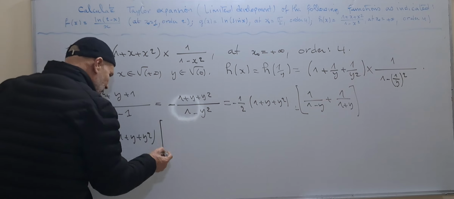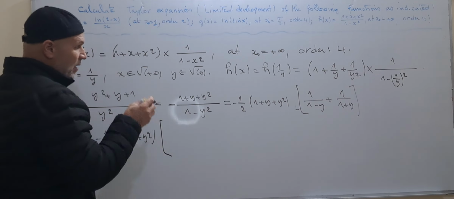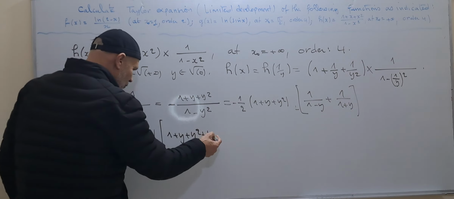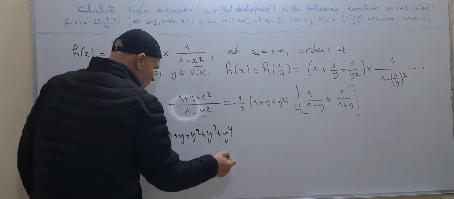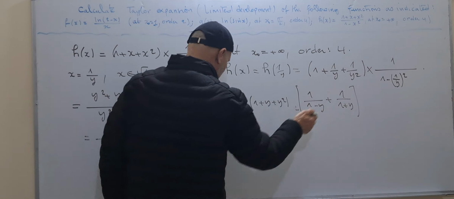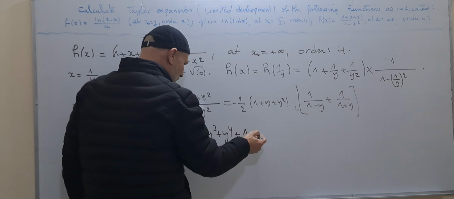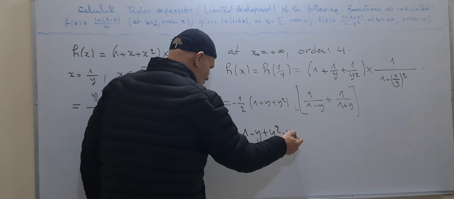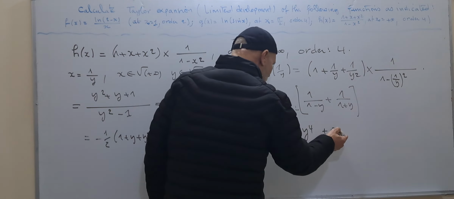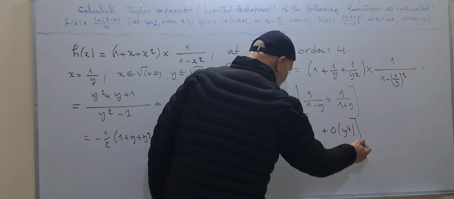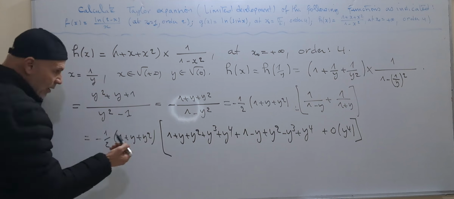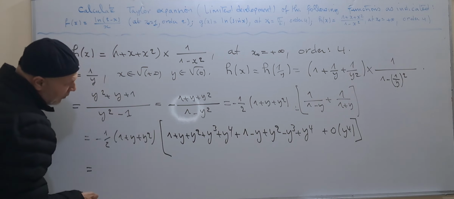For the remainder, we know that 1 over 1 minus y is equal to 1 plus y plus y squared plus y power 3 plus y power 4. For the second, this one, we have 1 minus y plus y squared minus y power 3 plus y power 4, plus y power 4 for each one, which is equal, we already finished.